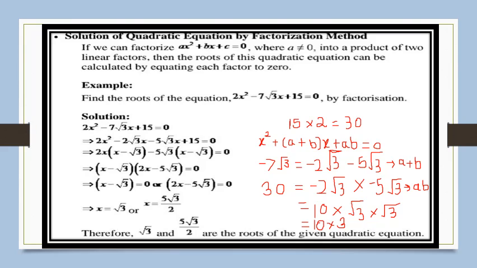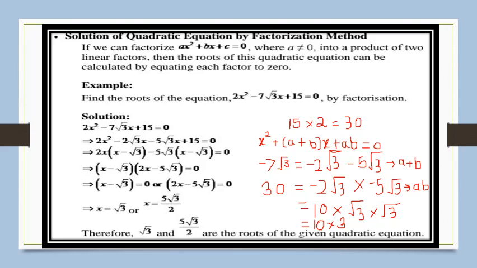Here the 2 and 15 is there. As the coefficient of x square is not 1, we have to take the multiplication as 15 into 2 equals to 30. Now we all are aware of the identity which we use in solving quadratic equations, that is x square plus (a plus b) into x plus ab equals to 0.